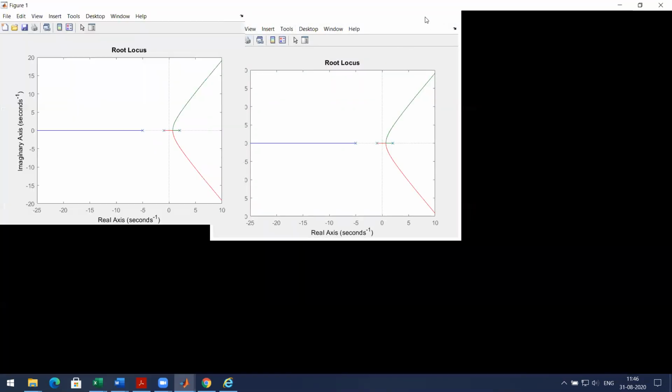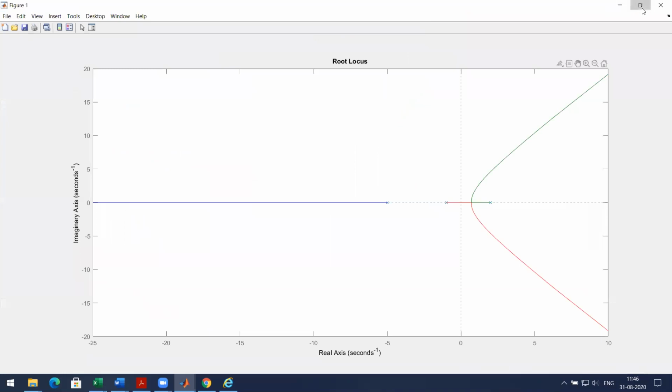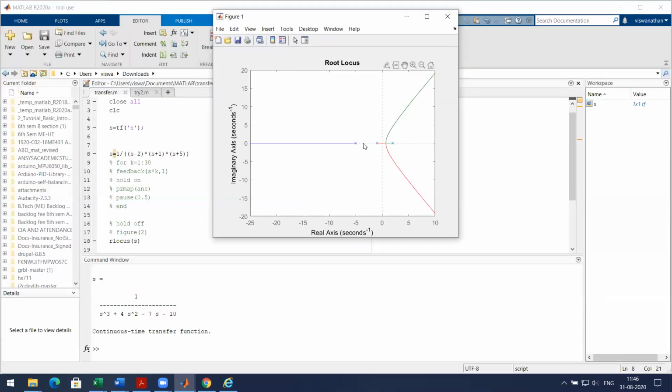So what is happening? Will the system become stable by this? No. If I start moving the gain this way, this will start moving this way. So this will not make it stable, because it is on the right side.